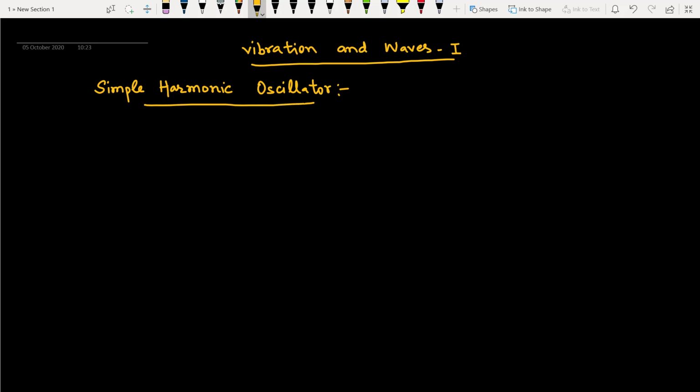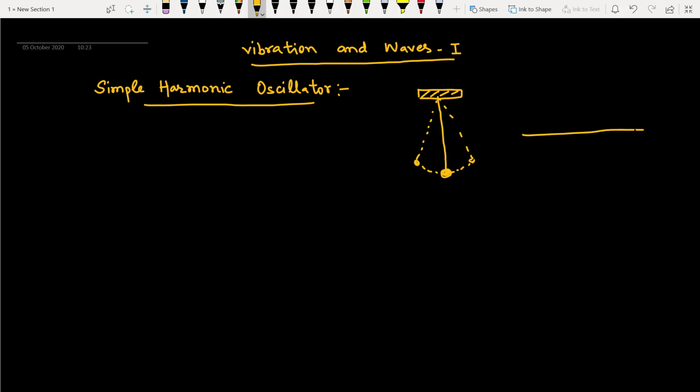So dear students, you might have studied various simple harmonic oscillators, like this is a fixed rigid support and you have a string here. This is a pendulum and this pendulum is pulled aside and released and it will be oscillating like this. So this is an example of simple harmonic oscillator.